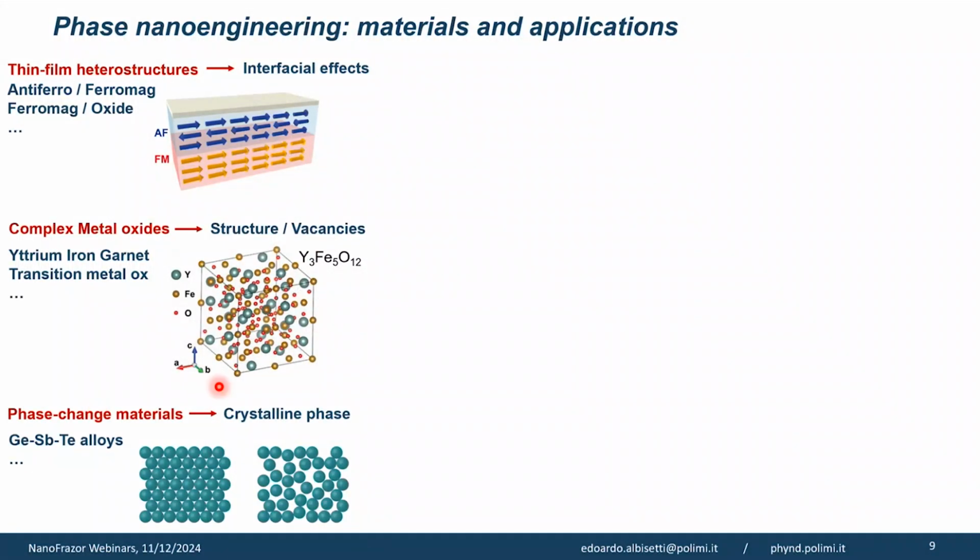Other materials were probably closer to applications. These are phase change materials, for example germanium, antimony, tellurium alloys, whose optical and conductive properties change abruptly when the crystalline phase changes.